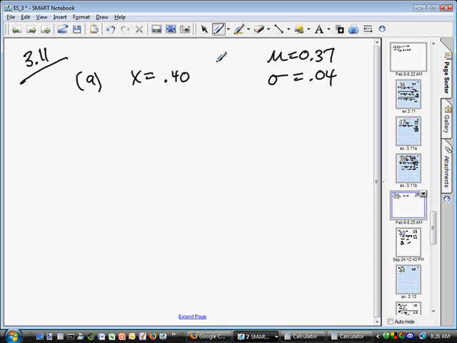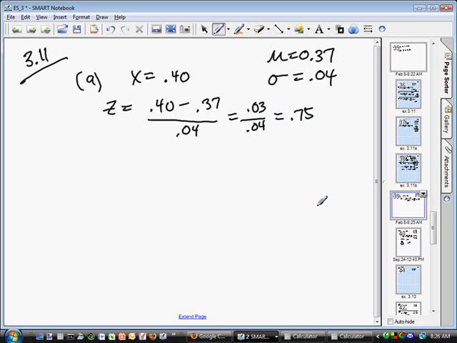So we just got to remember that. Let's standardize it first. Score minus mean divided by standard deviation. Well, this one we don't need a calculator for. That comes out exactly to 0.75.